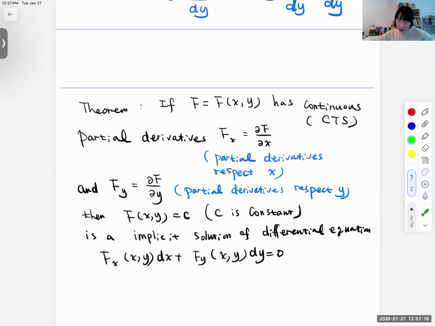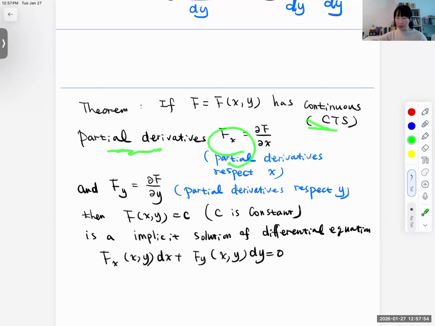Let me read that theorem. We have a function, and we use it because it's a continuous function, so the partial derivatives exist, like a derivative exists when we have a smooth function. Now we have a continuous function and partial derivatives, so we can do that.